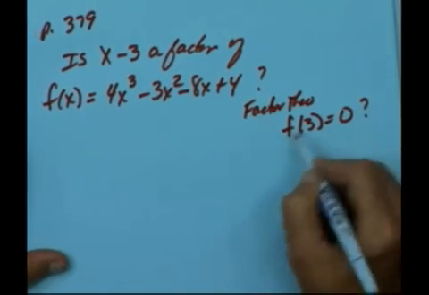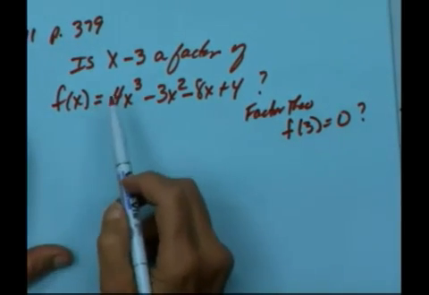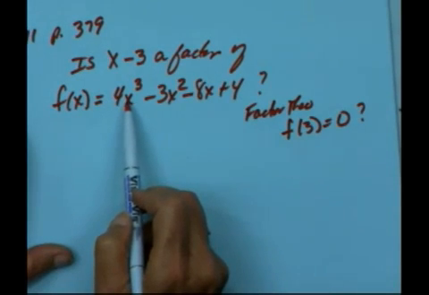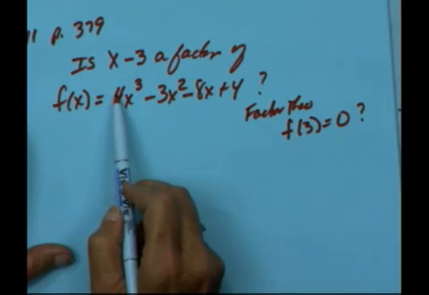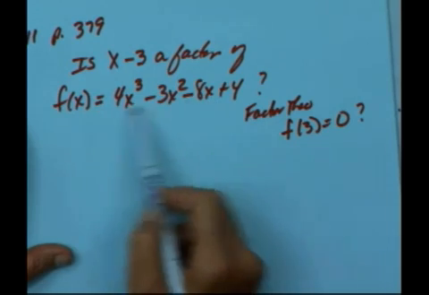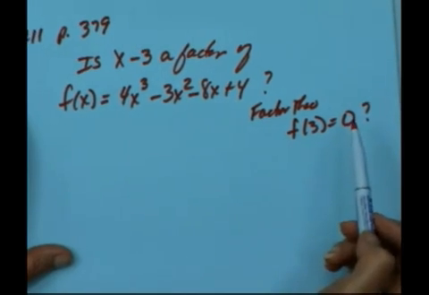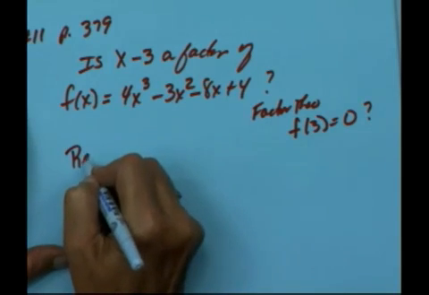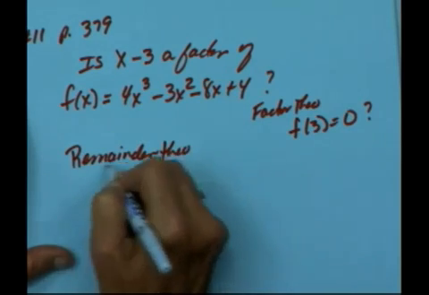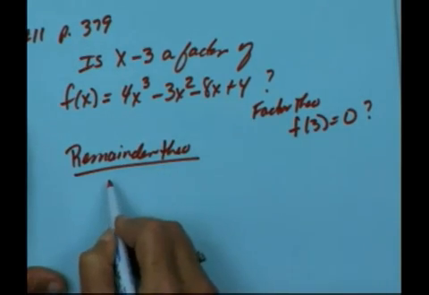So the question is, is f of 3 equal to 0? Since this didn't mention the remainder theorem, if you wanted to put a 3 in and cube it, multiply it times 4, and square a 3, multiply it times negative 3, etc., and add it up, you would be okay. But if you use your remainder theorem, the arithmetic is a lot easier. What would I divide by?